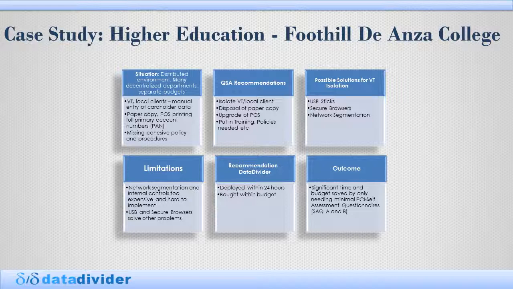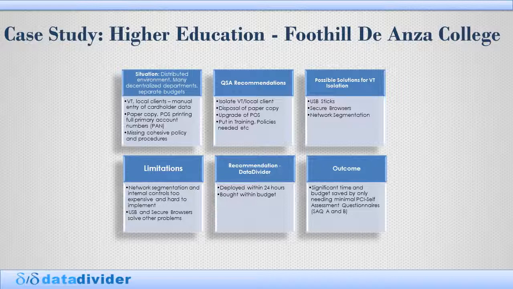There is a large paper trail of receipts, reports, and other materials containing full card numbers, and policies and procedures are inconsistent and unclear between departments. QSA recommendations include isolating the virtual terminal client, disposing of paper copy, and upgrading point-of-sale devices to ensure that paper receipts cannot be kept. Training and policies then need to align with new processes.